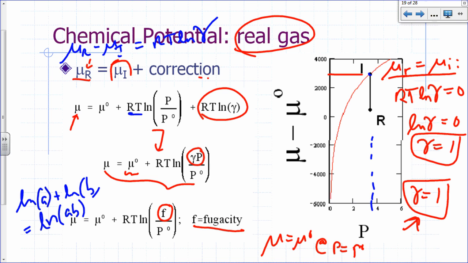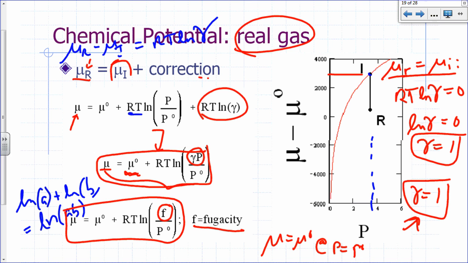But the gas is not behaving ideally and it's not at 1 bar pressure. Then the chemical potential would be whatever the ideal value is, and you add RT ln gamma P over P naught, or RT ln fugacity over P naught. So this is the expression for the chemical potential of a real gas.